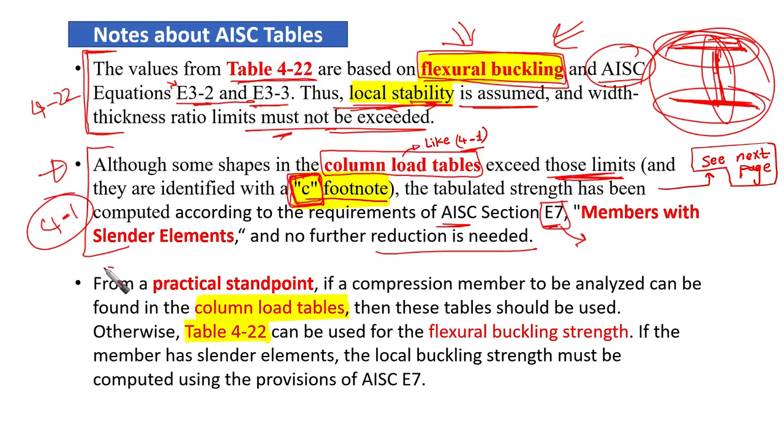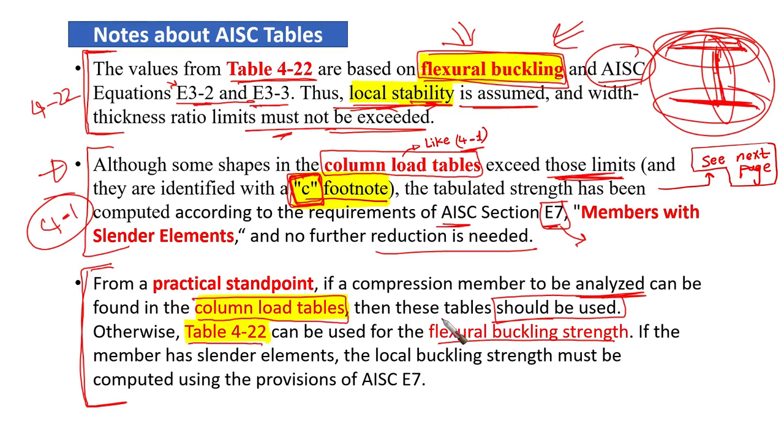And the last hint, which I have mentioned before. From a practical standpoint, if a compression member to be analyzed can be found in the column load tables, then these tables should be used because it's easier, as we have seen before. Otherwise, table 4-22 can be used for the flexural buckling strength.